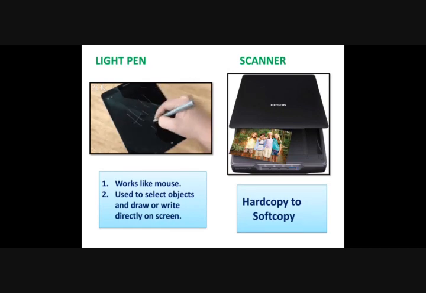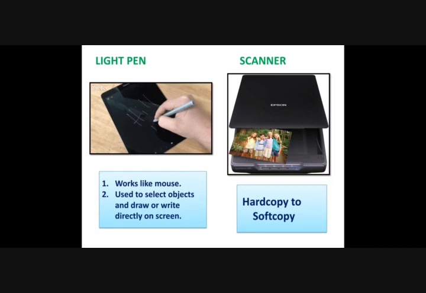So what is the scanner used for here? The scanner is an input device. Suppose you have a book with you and you want that page of the book on your screen. What you can do is put that book page inside a scanner, and the scanner will scan it and save a soft copy of the same hard copy in your system, and you can easily share that soft copy.